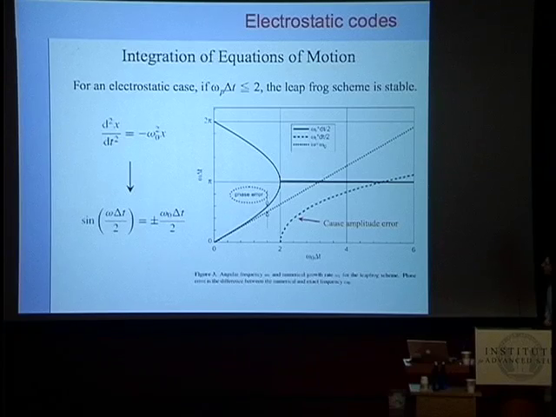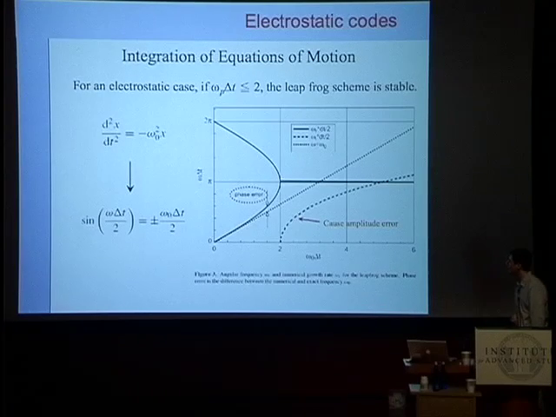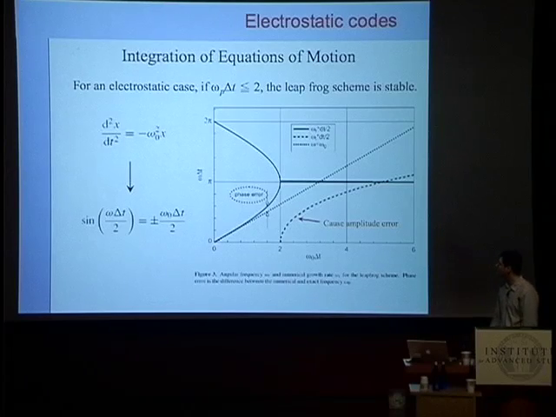OK, so if you try to solve the simplest oscillation problem with the Leapfrog method, basically we're solving an oscillator equation: d squared x over dt squared equals minus omega squared x. This has the obvious harmonic solution.